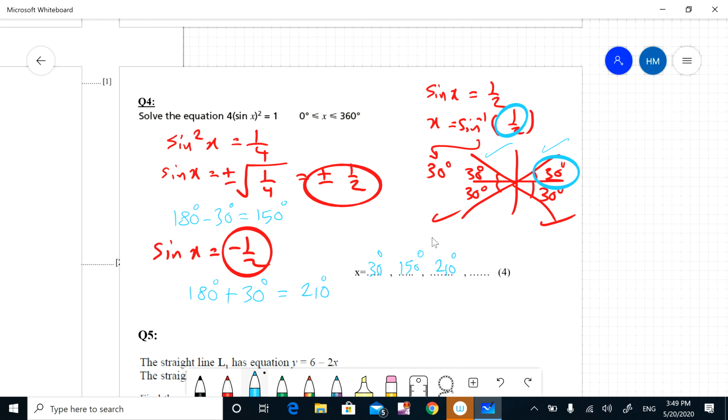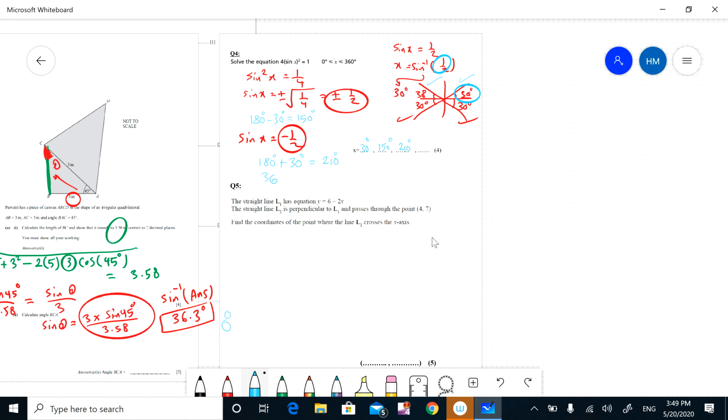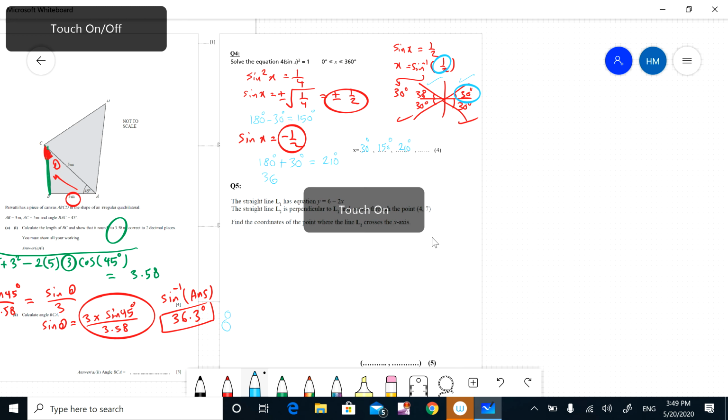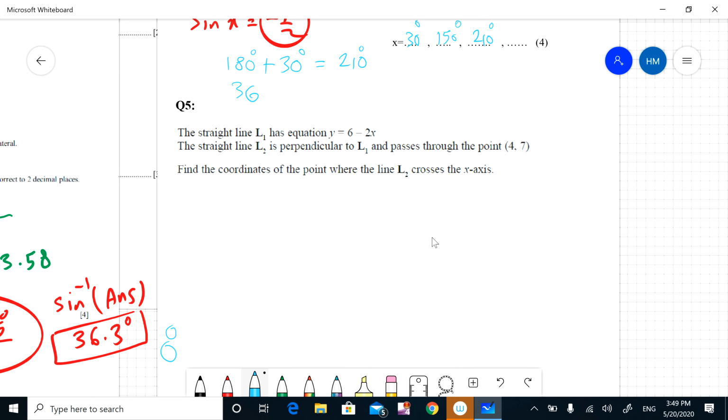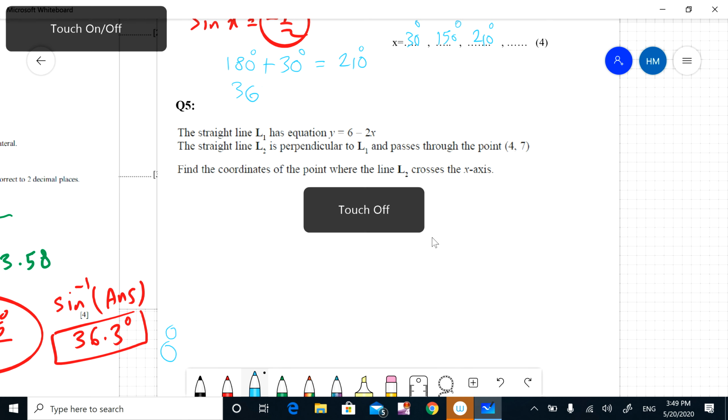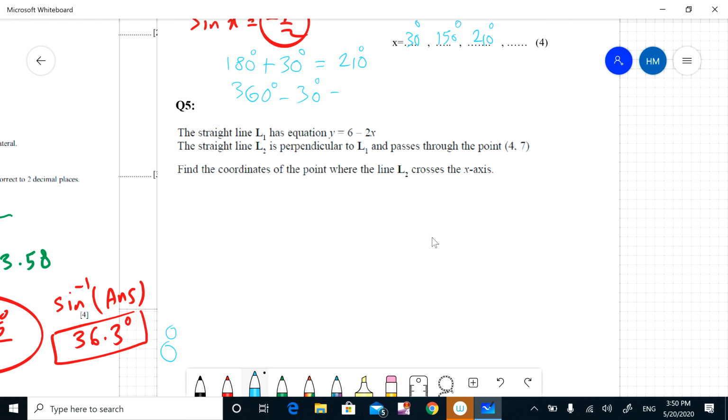And in the fourth quadrant it is 360 minus 30. The answer is 330, and this is the fourth answer, 330. You will get 4 marks if you put 4 angles like this.